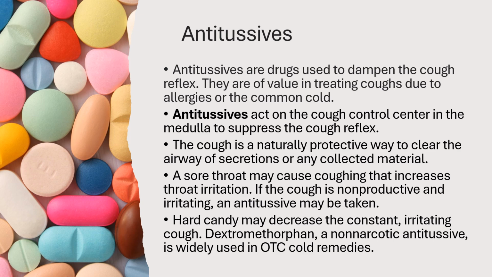Care must be taken when using these medications in patients with asthma because bronchoconstriction may occur. Opioids may be combined with other drugs such as antihistamines, decongestants, and non-opioid antitussives in the therapy of severe cold or flu symptoms. Some of these combinations are listed in the accompanying charts.